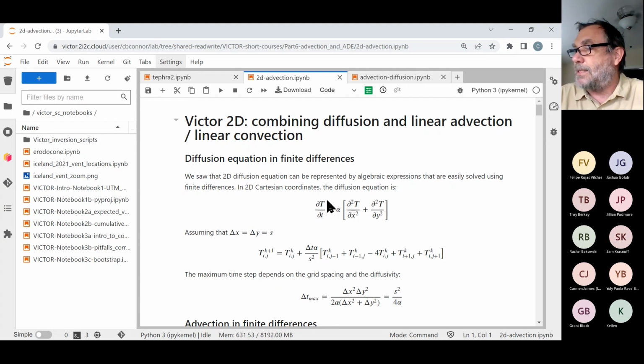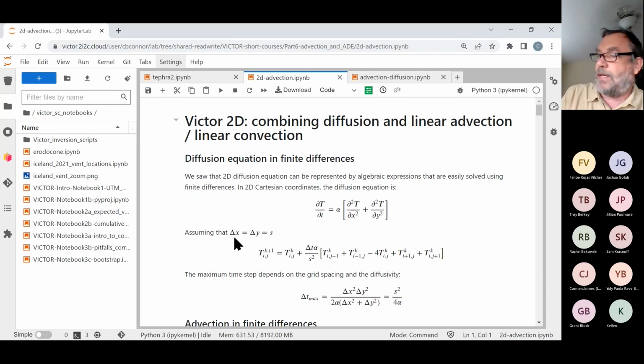So it doesn't have to be heat. It's a general form of the equation, and that's equal to the diffusivity, which is alpha, controls how things diffuse in this particular problem, and the gradient in the temperature or the concentration as a function of x plus as a function of y. And so that reduced to a pretty simple equation, which we could implement in code.